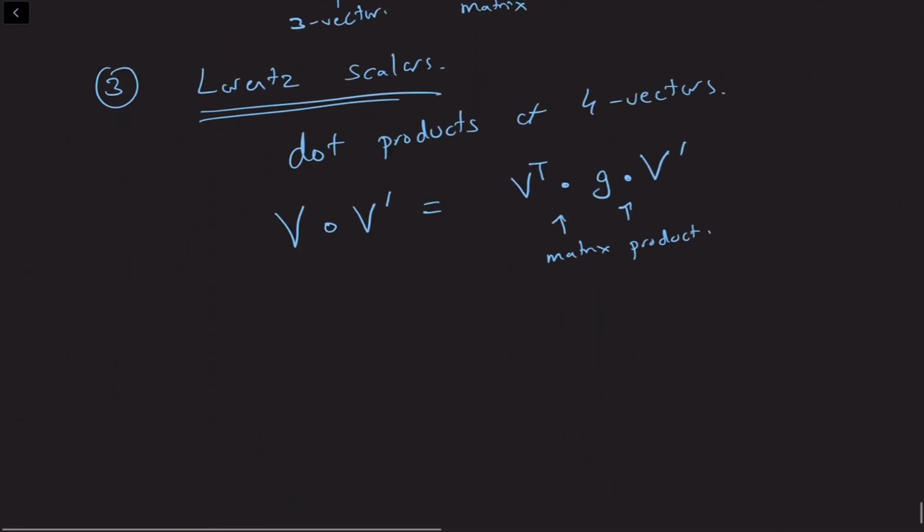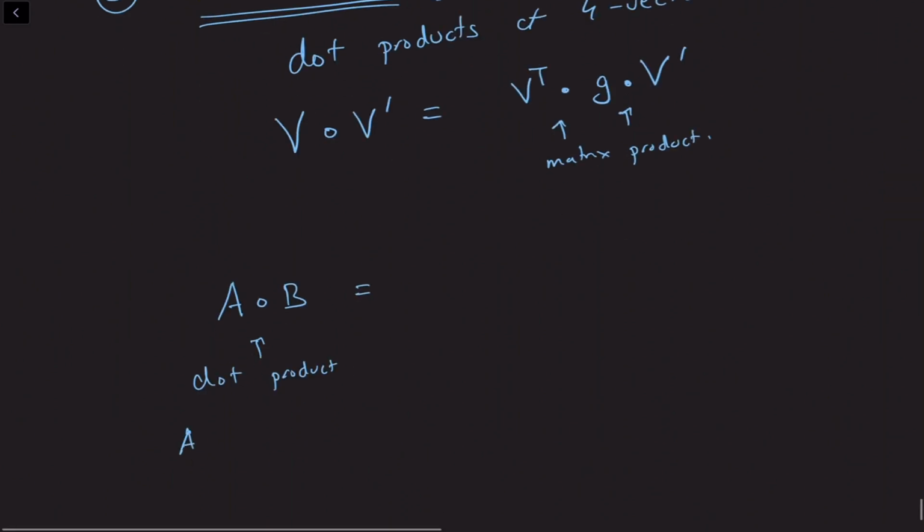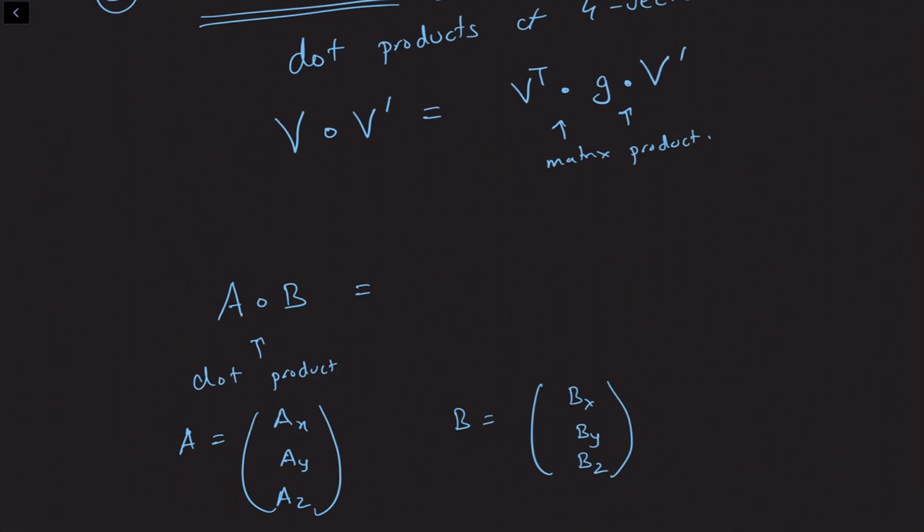Now, if you compare this with what we know about 3 vectors, so for 3 vectors, if we write down a dot product of 2 3 vectors, conventionally, if we think of A as the 3-vector AX, AY, AZ, and B as the column vector BX, BY, BZ, then we would say that this dot product is a scalar quantity under rotations. It doesn't transform under rotations.